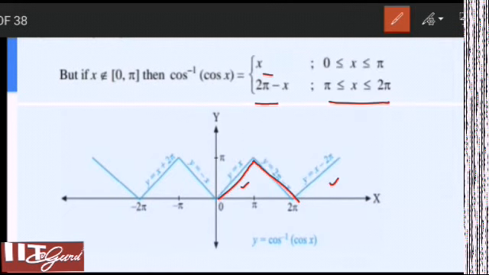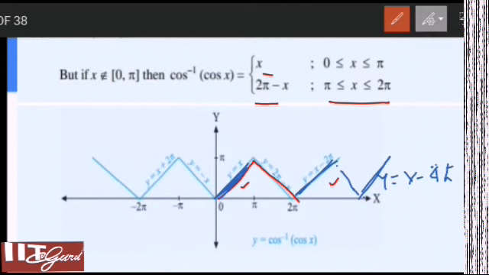Here is the line y equal to x, and this same line after a 2 pi interval is y equal to x minus 2 pi. Then after once again 2 pi, it becomes y equal to x minus 4 pi.